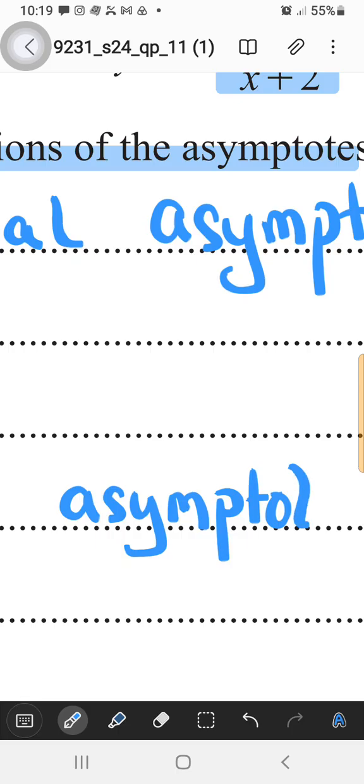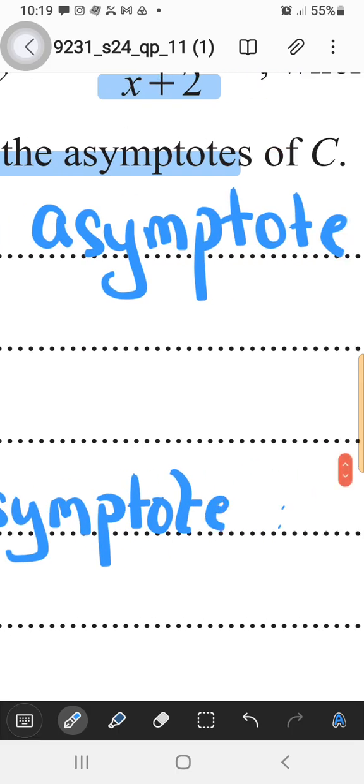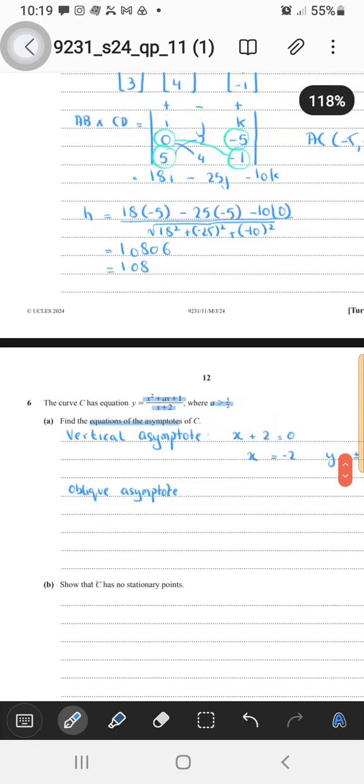Now the discussion is how we can find the oblique asymptote. As I have told you, the vertical asymptote is found by equating the denominator with 0. To find the oblique asymptote, we will perform long division.